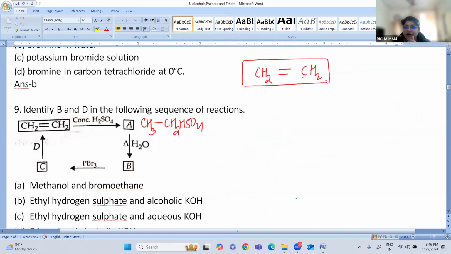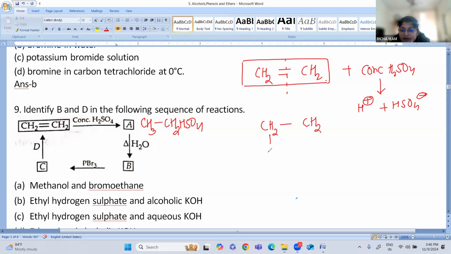Across the double bond, the number of carbon atoms is the same. When you are doing the addition reaction, H2SO4 splits into H plus and HSO4 minus. When one bond is broken, one hydrogen is added and HSO4 is added. So I have written it like this.